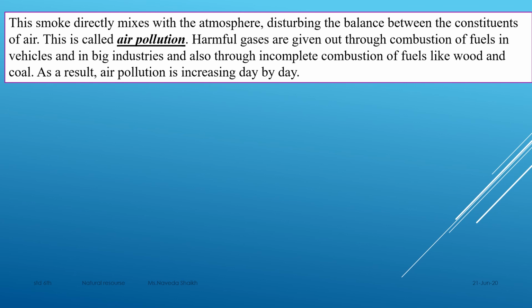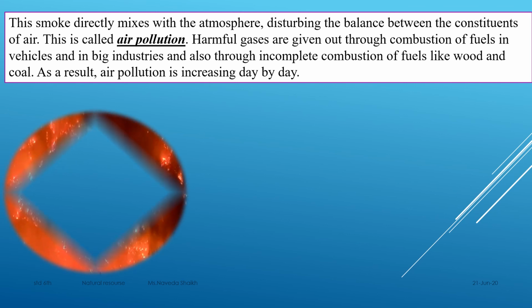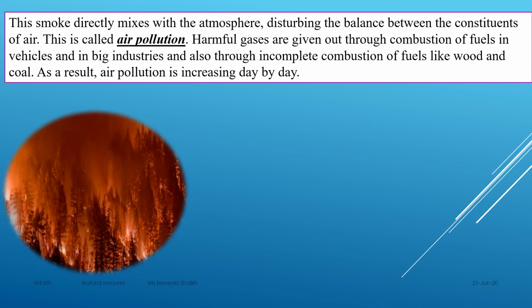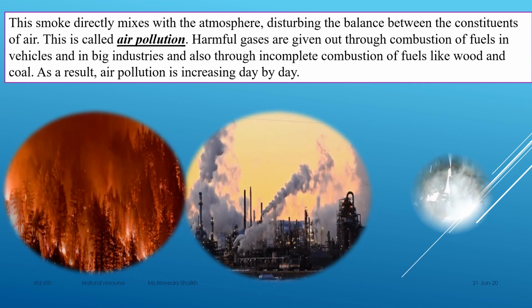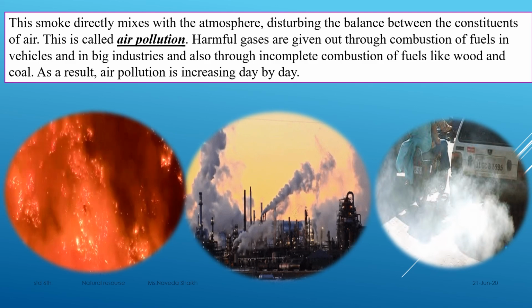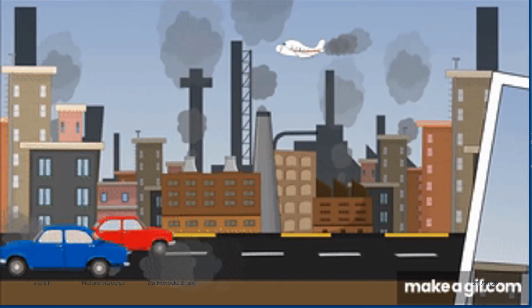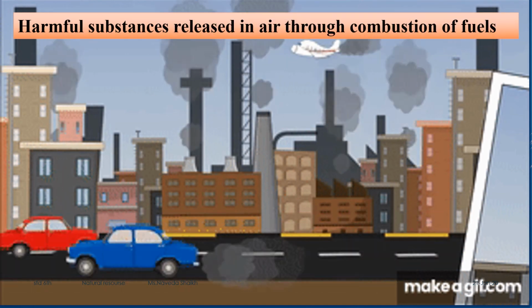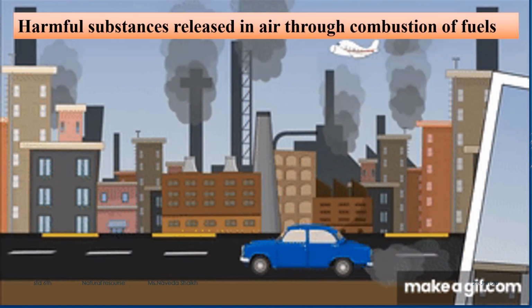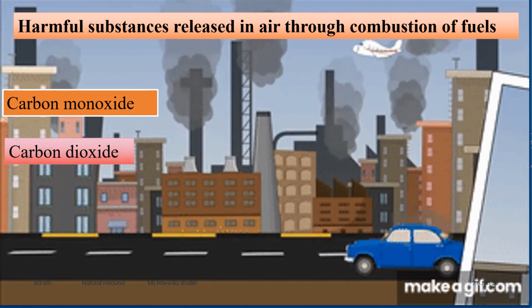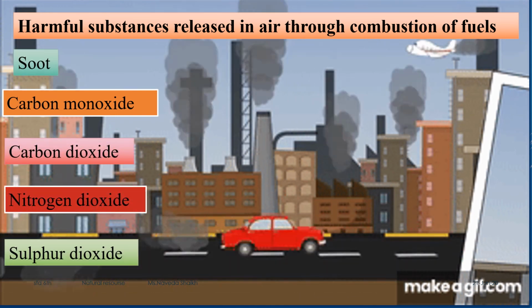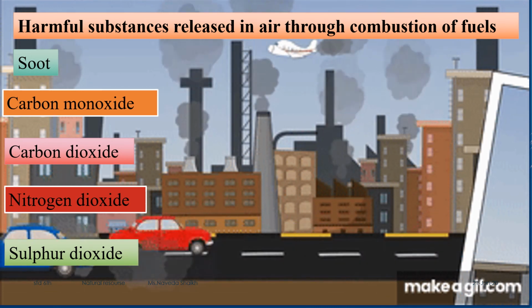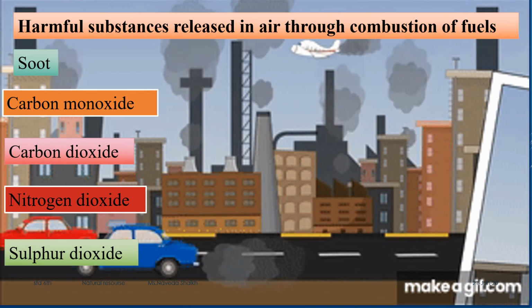And as we all know, air pollution is increasing day by day because of fire, because of industries emitting harmful gases, and from the vehicles. All these gases are causing air pollution. So these are a few examples of the substances which are released, like carbon monoxide, carbon dioxide, nitrogen dioxide, sulfur dioxide, soot. These are a few examples of harmful gases which are emitted.